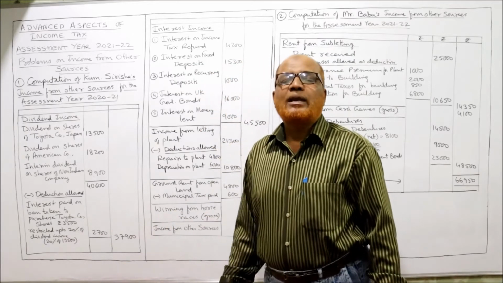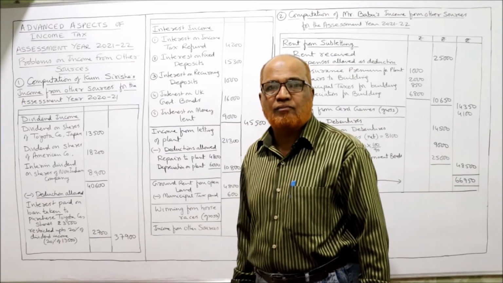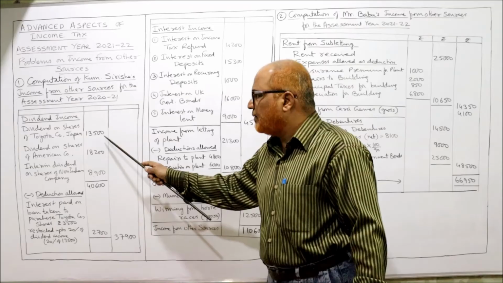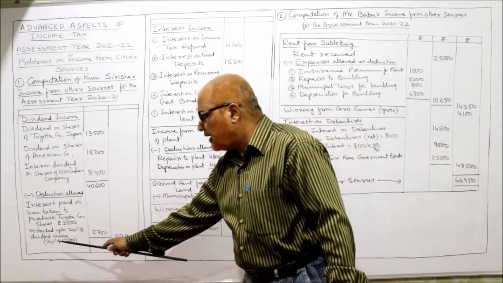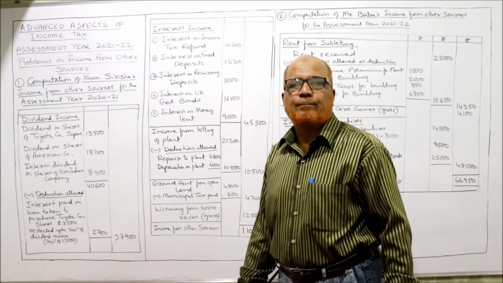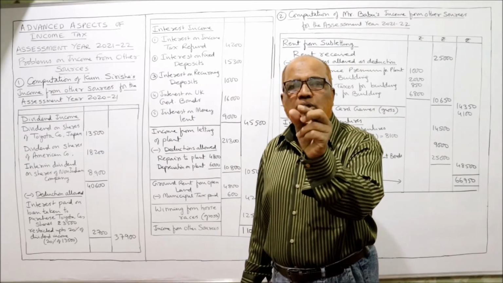Now we calculate 20% of dividend income from those shares, the Toyota company shares. The dividend received is 13,500, so 20% of 13,500 is 2,700. Now deduction will be allowed to the least of the following two.